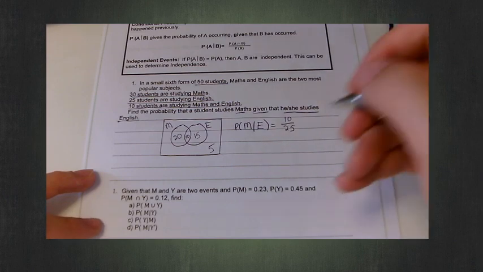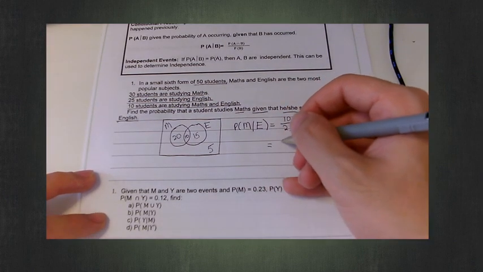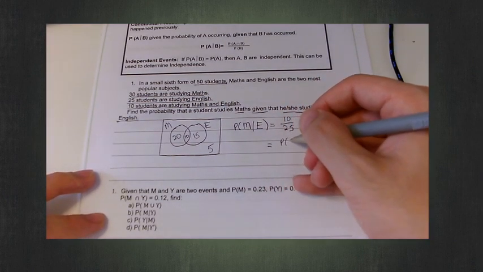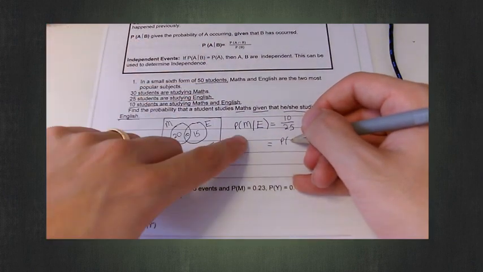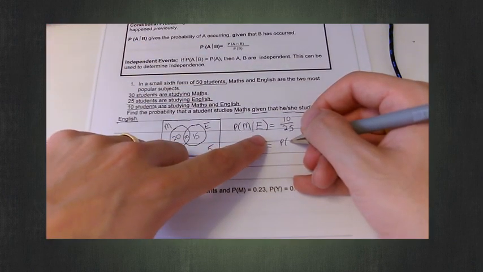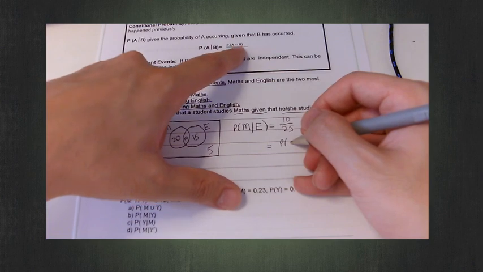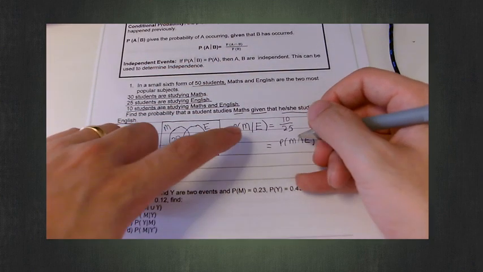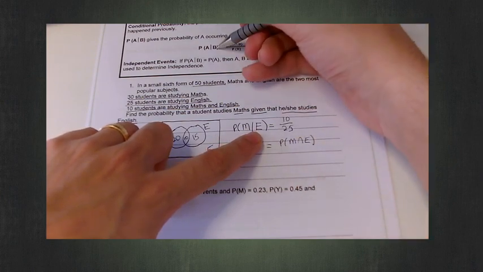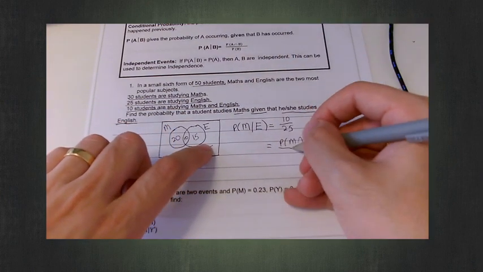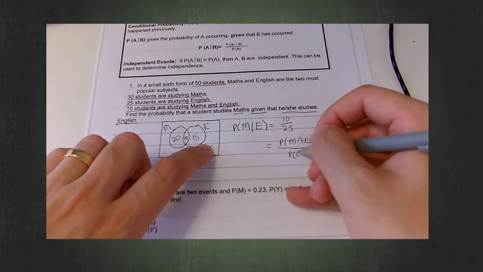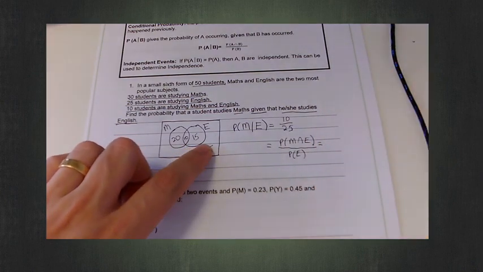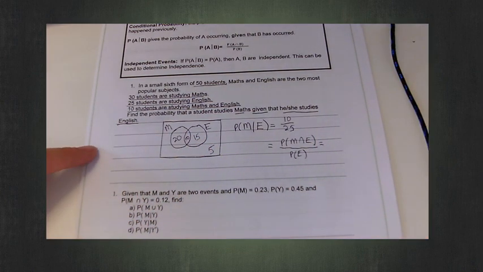How could I use the formula? Well, if I want M given E, I can adapt this formula here, A and B. So I've got M and E, and the second letter is E, second letter is B, so I'm going to have probability of E. Now, what's the probability of M and E?